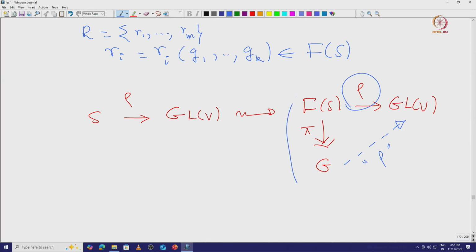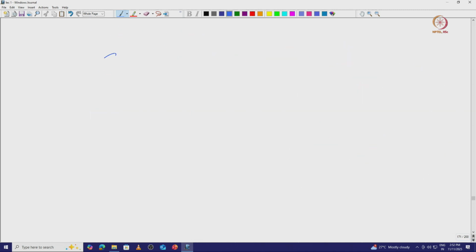So, how do we make sure that such a map actually exists? So, to ensure that this rho factors through pi, we can see that this G is given by f of s modulo the kernel pi.